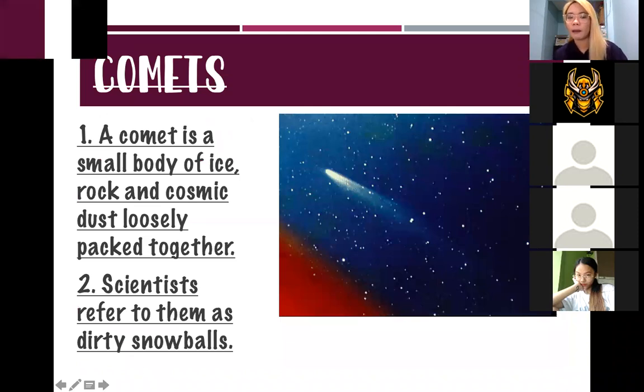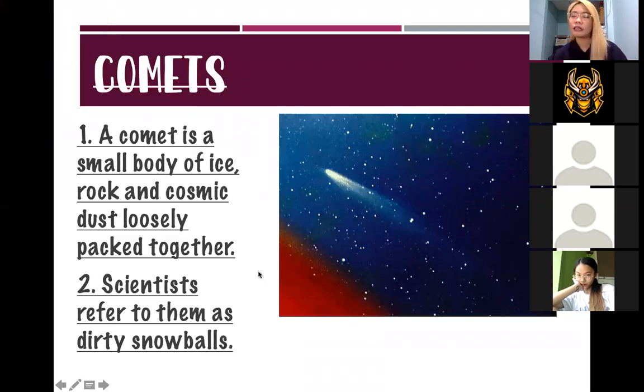A comet is a small body of ice, rock, and cosmic dust that is loosely packed together. As you can see here in the picture, this is actually a comet. The distinguishing characteristic of a comet is that it has a tail. And later on, we will know bakit nga ba merong tail ang isang comet.